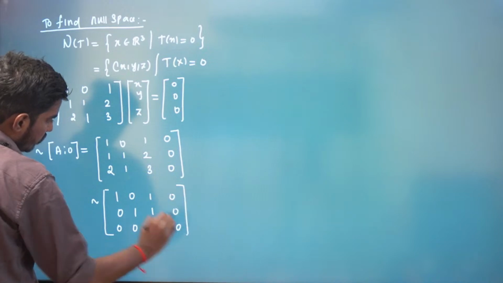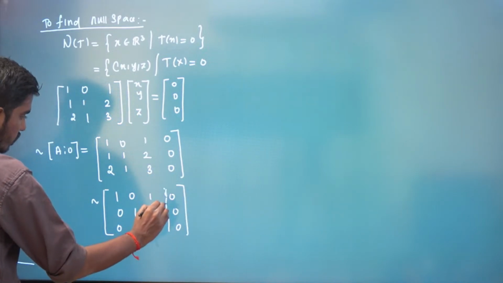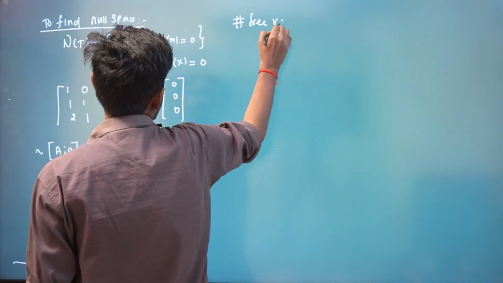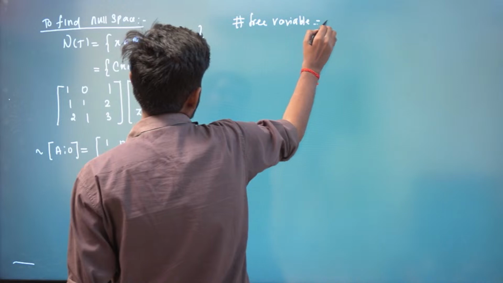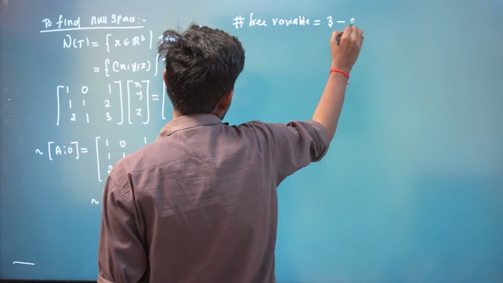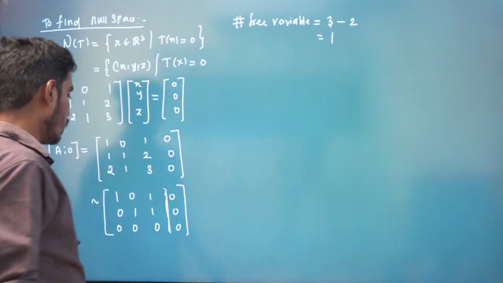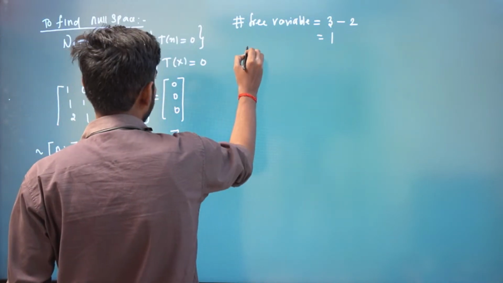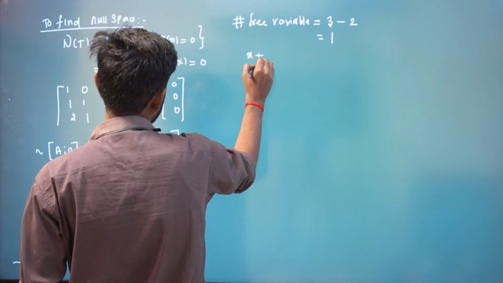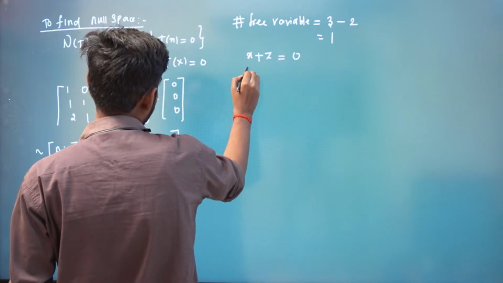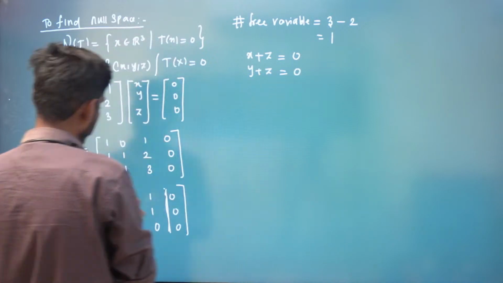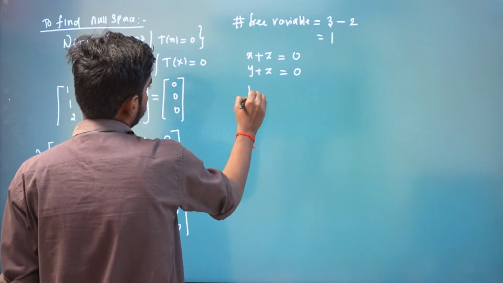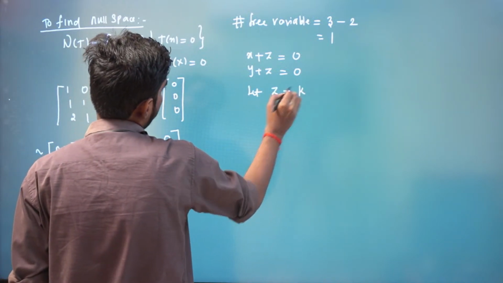This is a reduced row echelon form, and you can see what our number of free variables is. The number of free variables is equal to total variables minus rank. So you have one free variable. If you convert again to Ax equal to 0, you'll have the equations x plus z equal to 0 and y plus z equal to 0. So let us take z to be equal to k.